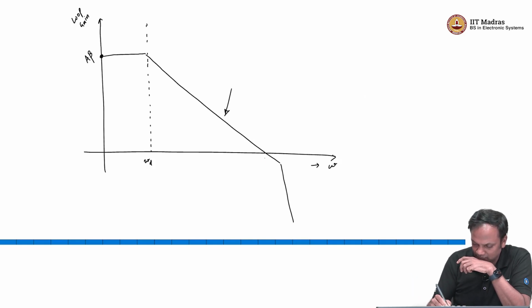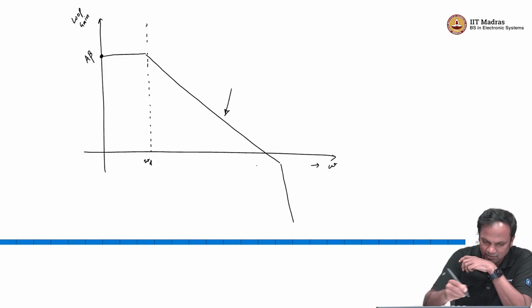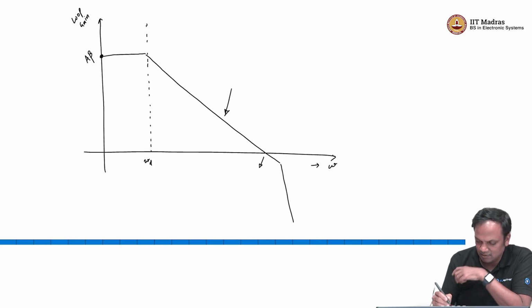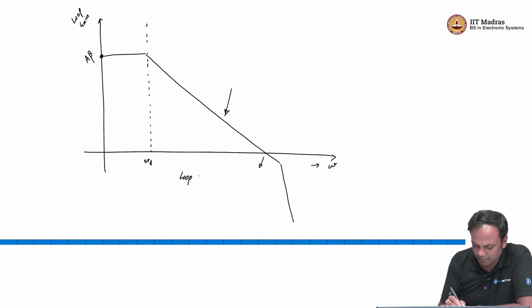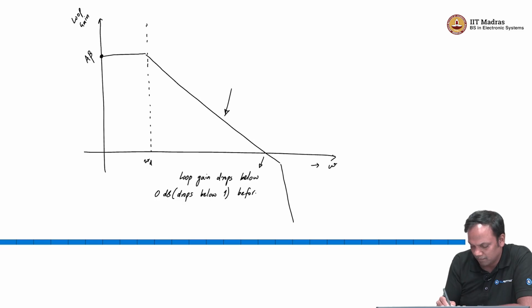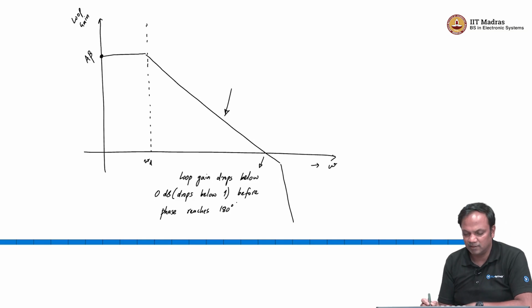Let me just rewrite that here. So, loop gain drops below 0 dB, or drops below 1, before phase reaches 180 degrees, right.